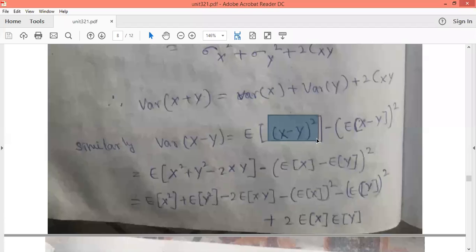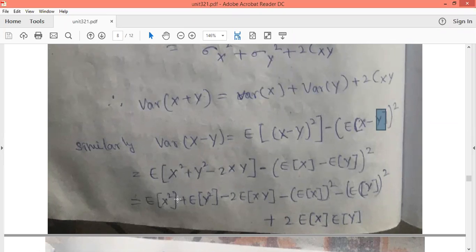Just expand this x minus y whole square and apply expectation to each and every term inside, then expand. So if we expand x minus y whole square, we get x square plus y square minus 2xy. And if you apply expectation to each and every term, we get expectation of x minus expectation of y whole square.